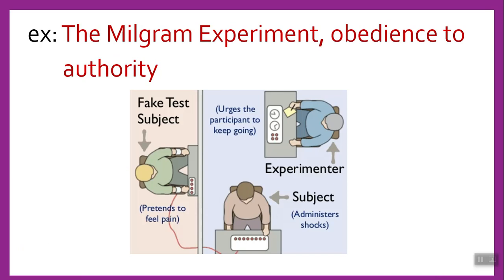So, you've got the fake test subject wearing a green sweater on the left, and then you've got the subject at the bottom there, and you've got the authority figure behind him. So what would happen was the fake test subject would be answering questions. And if they answered correctly, everything was fine.